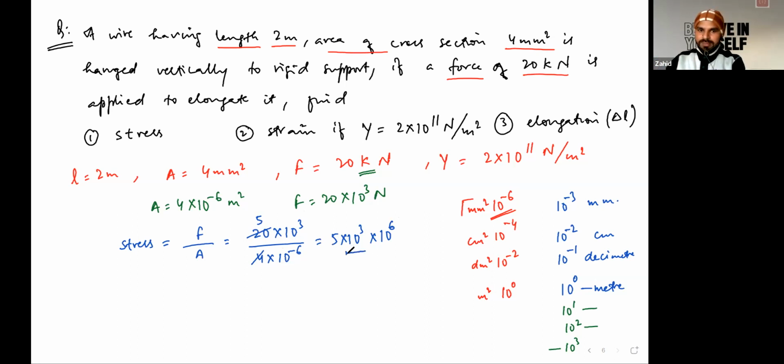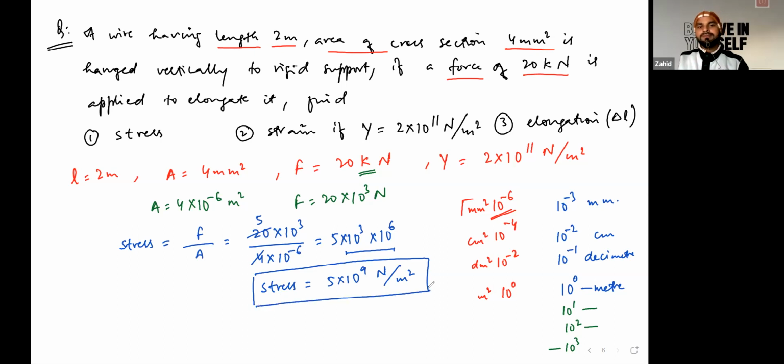Now we have two terms having the same base 10, with exponents 6 and 3, so it will be 5 into 10 to the power 9 Newton per meter square as stress. Is it clear?